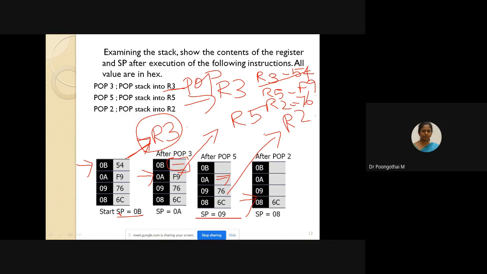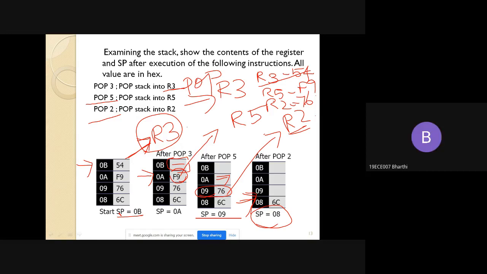The content of 0A is F9, so that is popped into R5 according to the second instruction. Third instruction is POP2. Now your stack is pointing 09, so this value is loaded into R2, and it decrements and points to 08. After execution, your stack pointer is pointing 08, R3 holds 54, R5 holds F9 and R2 holds 76. Is that clear? Yes, ma'am.